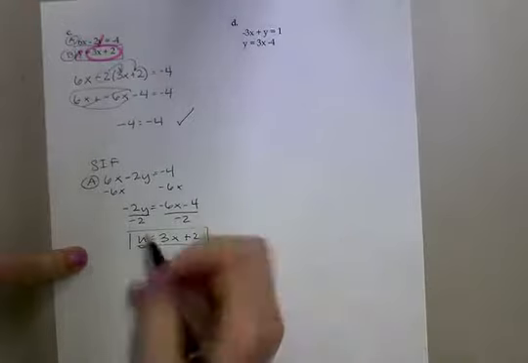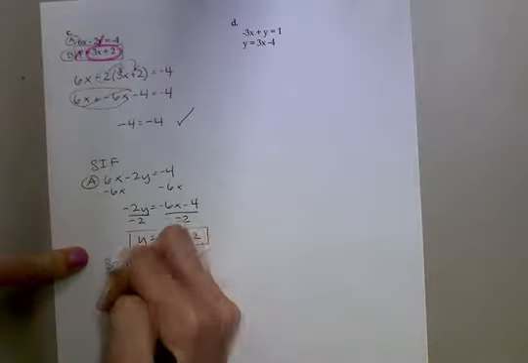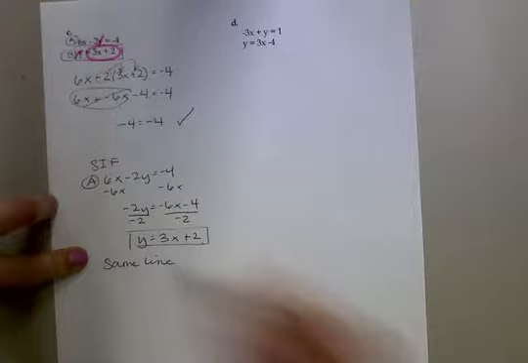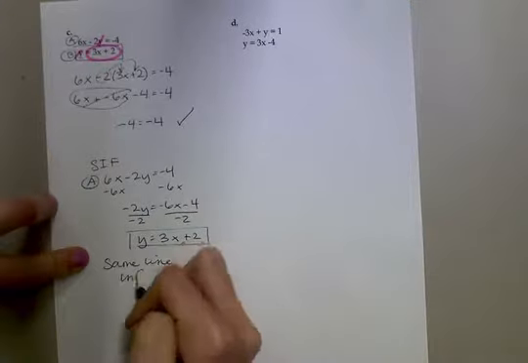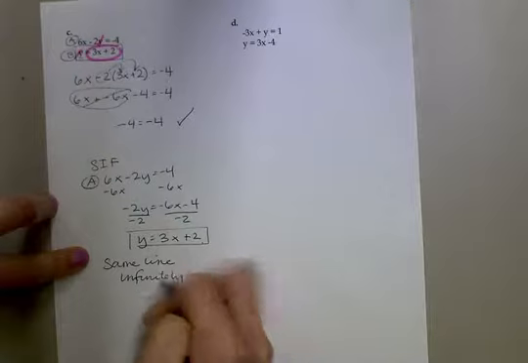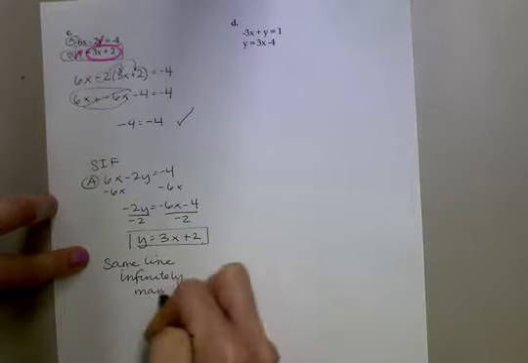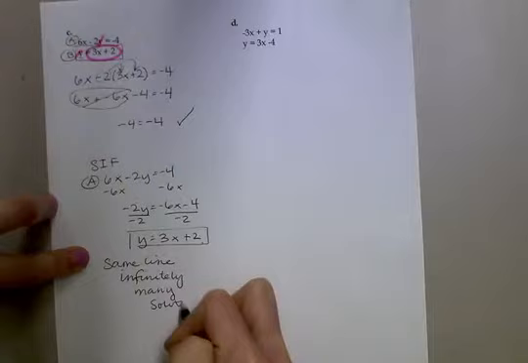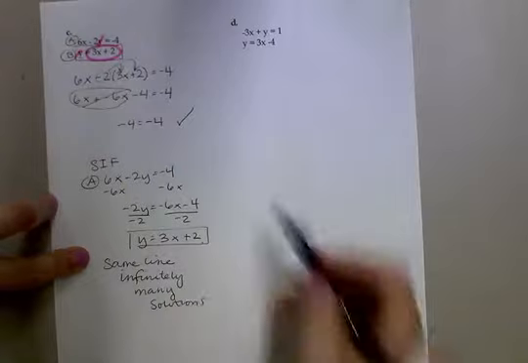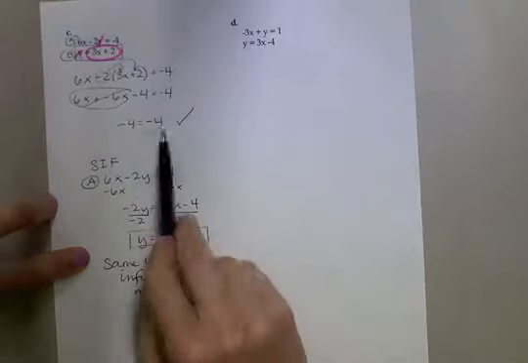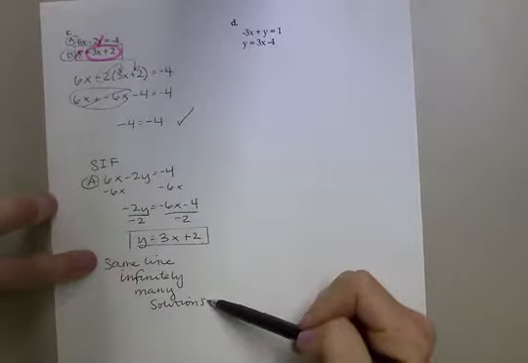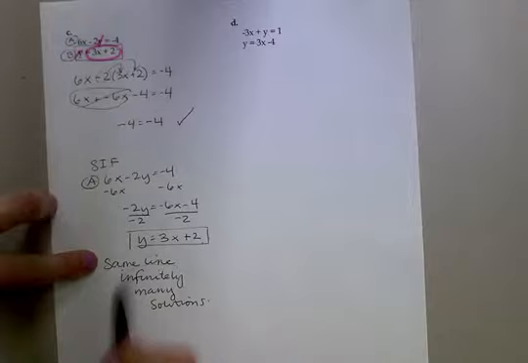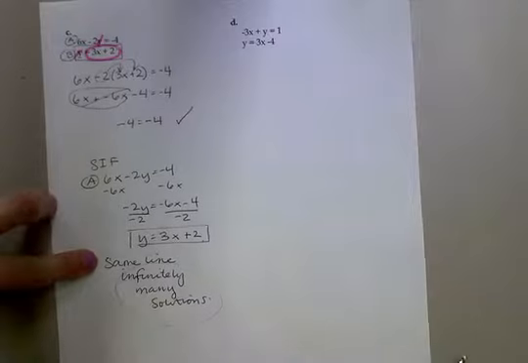So we know that these were the same line. So we know that we have infinitely many solutions. So if you end up with a true statement here, you know that they must have been the same line and they will have infinitely many solutions.